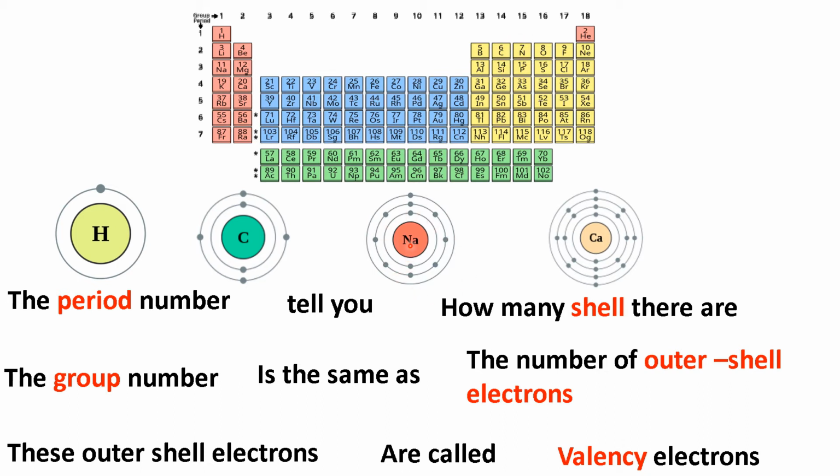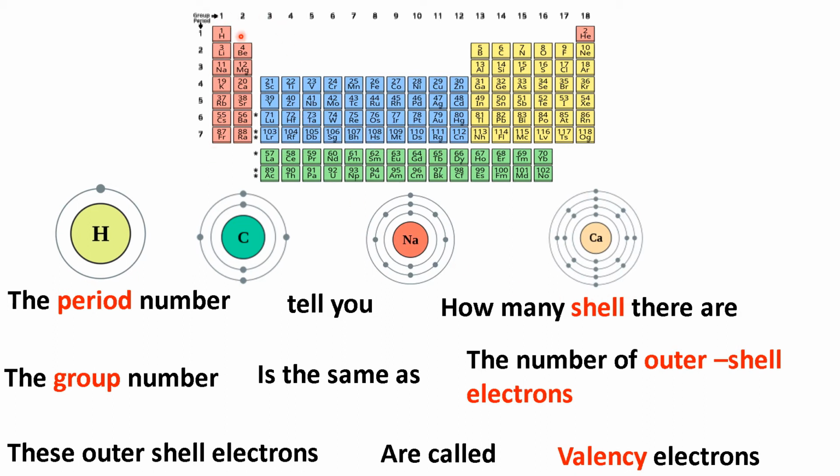Here, sodium atom: in the outer shell electrons or valence electrons, there is 1 electron only, so sodium atom is present in group 1. According to the number of outer shell electrons or valence electrons, calcium atom has 2 electrons in the outer shell, so calcium atom is present in group 2.